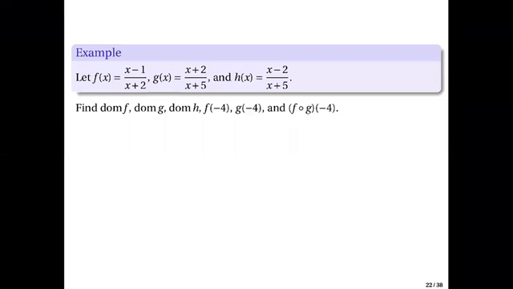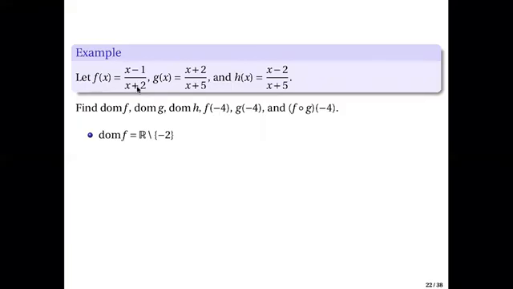Okay, so let's do this. First, the domain of f. Notice you have a denominator x plus 2. You don't want your denominator to be 0, but x plus 2 will be 0 when x equals negative 2.